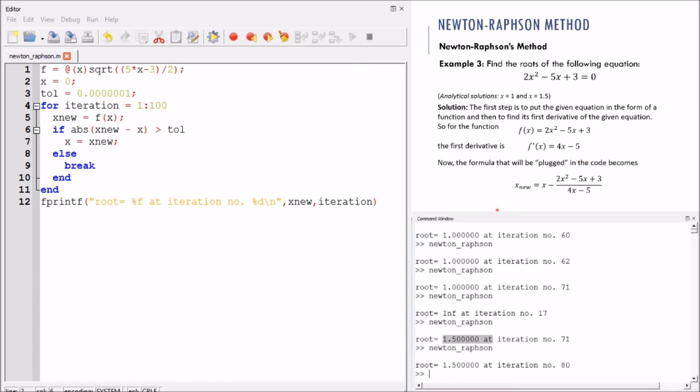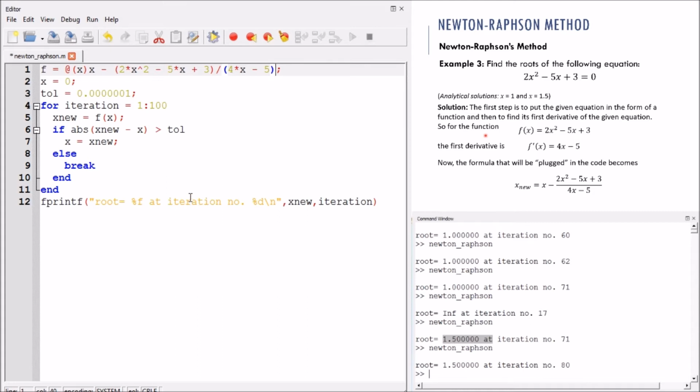Let's not change anything in the code except the definition of the function, as you see here. So we say x minus, the numerator is 2 multiplied by x squared minus 5 multiplied by x plus 3, over the derivative 4 multiplied by x minus 5. That's it.